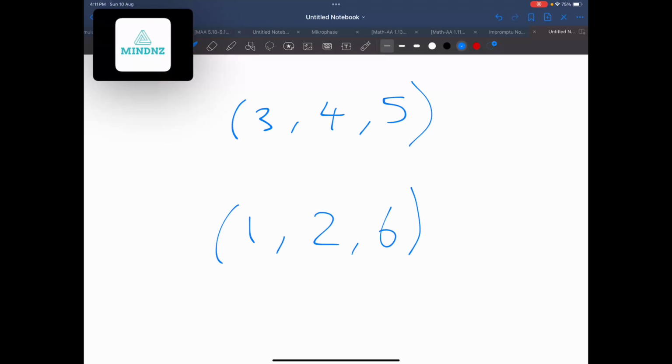Now, what would the maximum sum of the products be if you were to take these two sequences? How would you pair up the numbers from this sequence and this sequence so that when you multiply them and then add them up, you get the maximal sum? If you have any ideas, let me know.